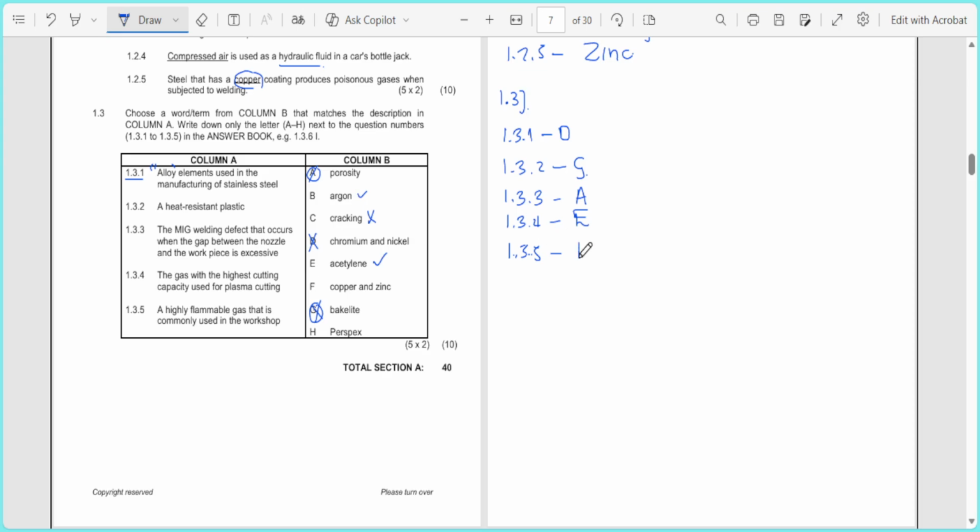I would also say that E is a highly flammable gas. Acetylene, a highly flammable gas that is commonly used in the workshop. It's definitely going to be acetylene. This is the primary fuel gas in oxy-fuel welding and cutting, so it's a common gas used in workshops. So E is going to be our answer for this one.